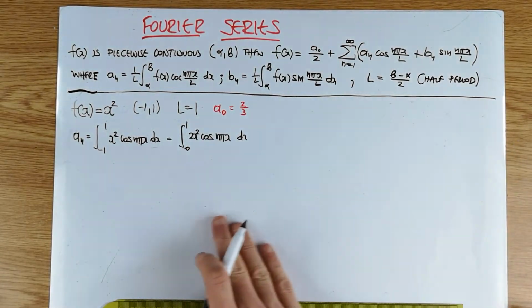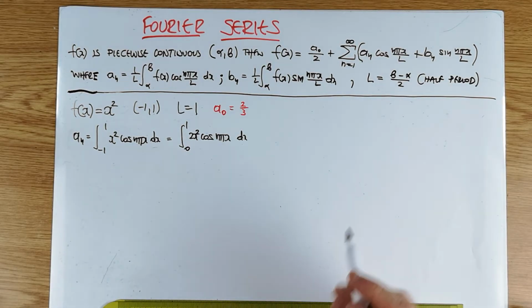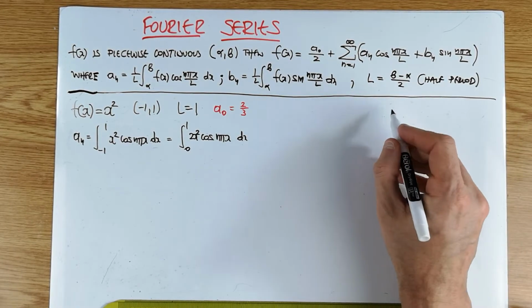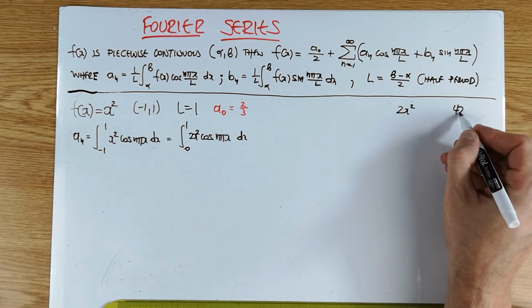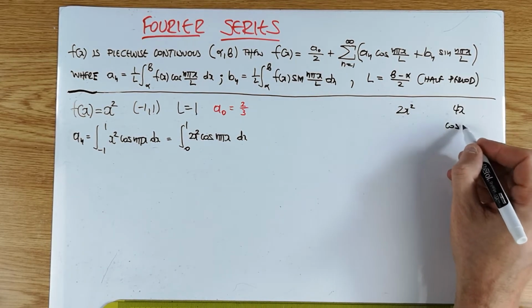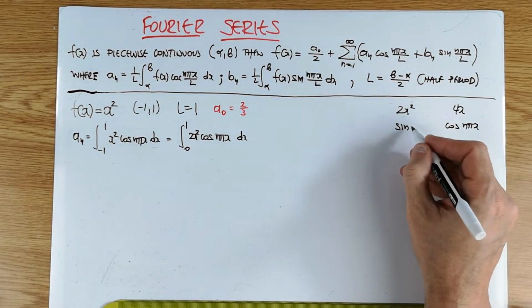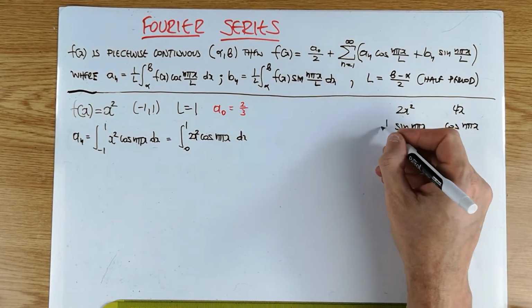So I don't know which way you do your integration by parts. Make sure you follow a method that works well for you. I'll do it in a very specific way, which of course I'm not going to be discussing here. So this is now a 2x squared, which differentiates to 4x, and a cos of n pi x comes from a differentiation of a sine n pi x, and we need at the front 1 over n pi.